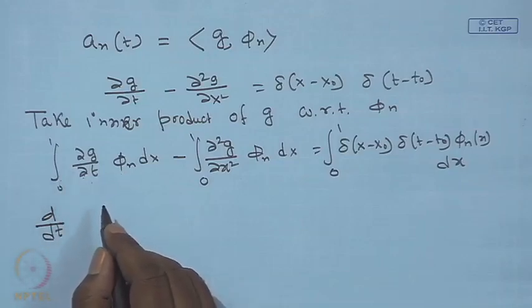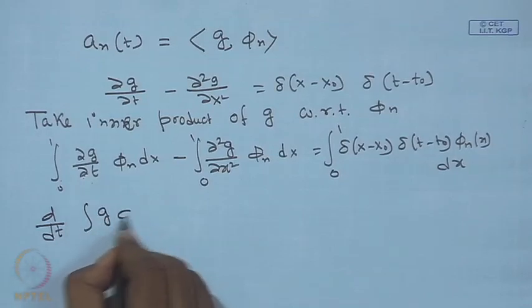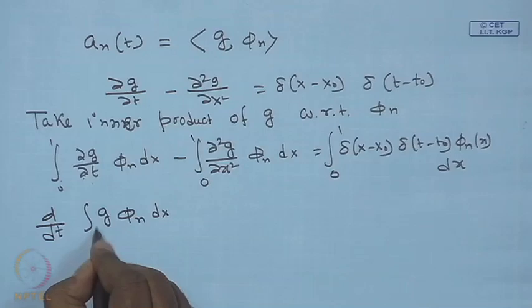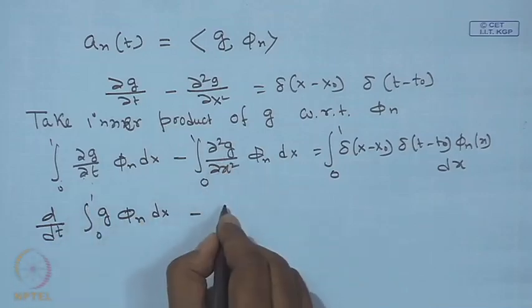So, this becomes d dt of the integration of g phi n dx minus, we do it by parts.